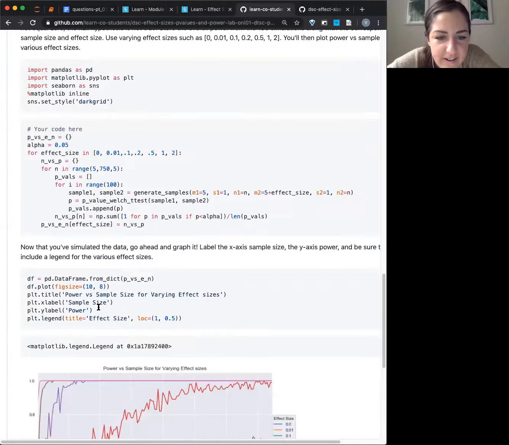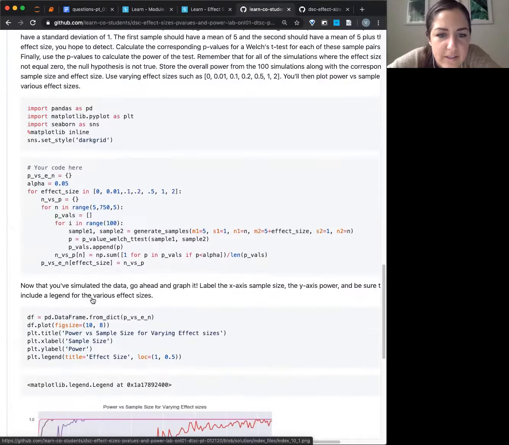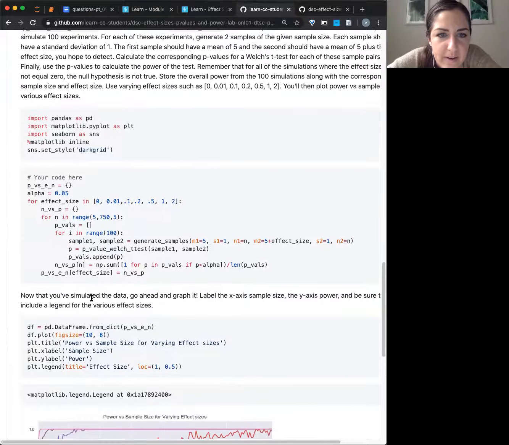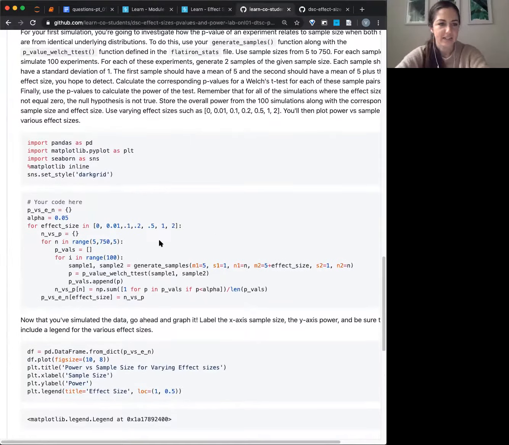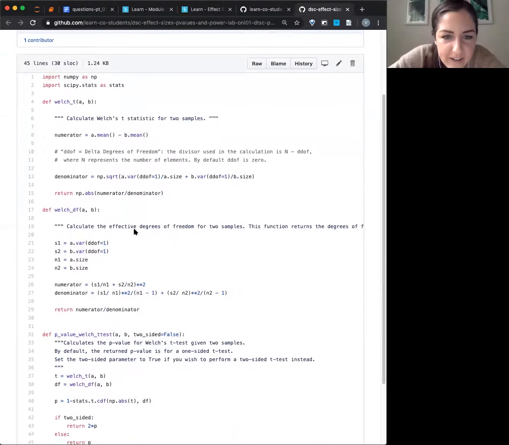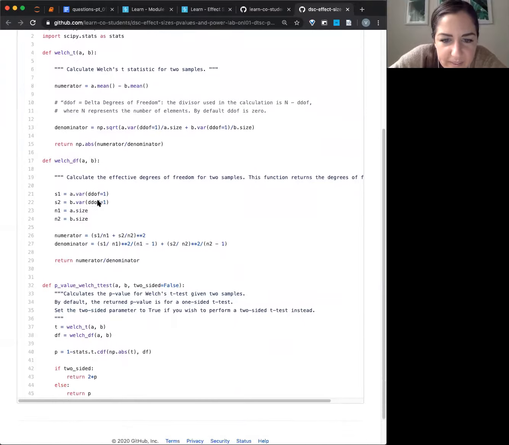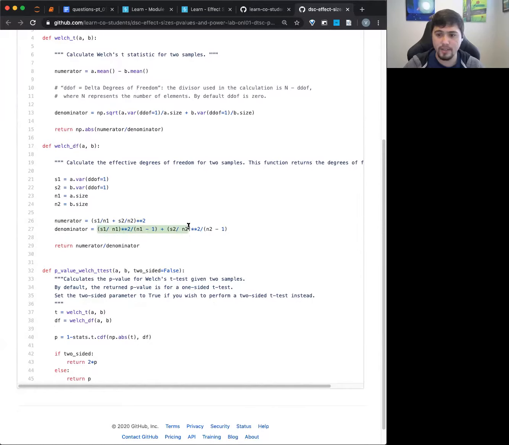Yeah, I'll show you. This part. It was in the Flatiron stats py file, there we go. Yeah, so I think this one right here. I think it's the one above it, the denominator. I think that's wrong. Okay, so let's check this out real quick.